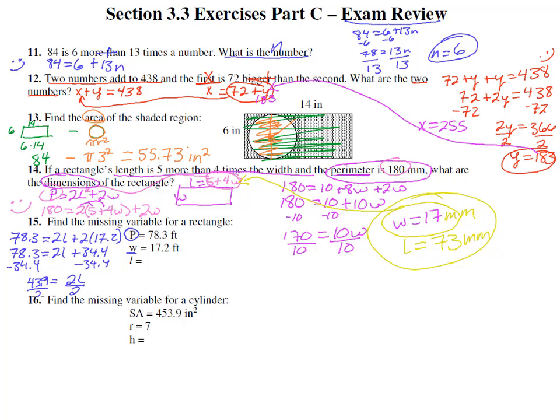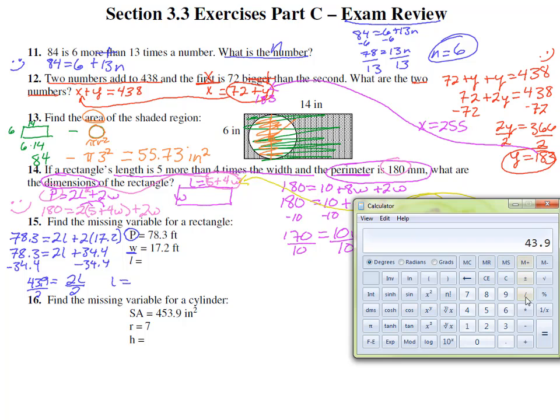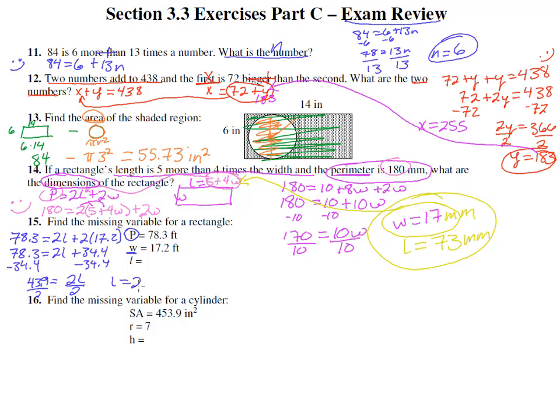It's timesing there, so that'll allow us to get L by itself. So we get L equals 43.9 divided by 2 equals 21.95. And let me see, the perimeter was in feet, the width is in feet, so this will be in feet, not feet squared or anything weird, because we're not doing an area.